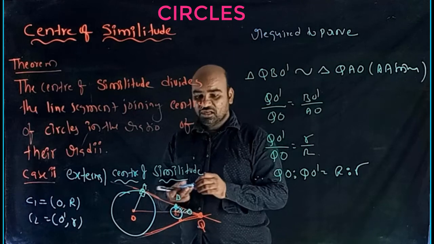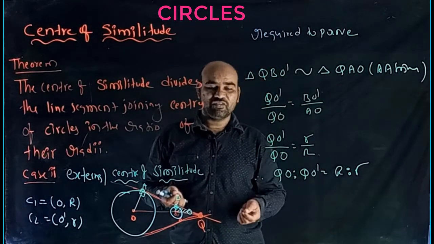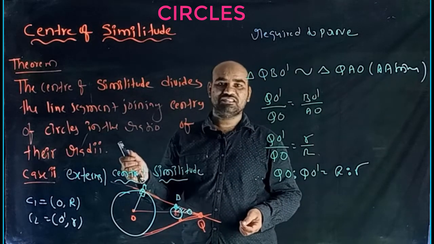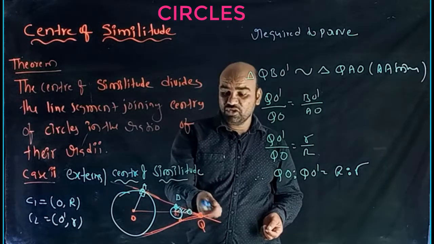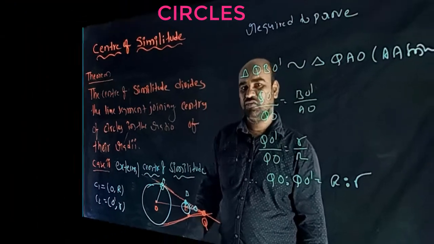This means the external center of similitude also divides the line segment joining the centers in the ratio of their radii, but here it is external division. In the previous case it was internal division. Here Q divides OO dash externally in the ratio of their radii, capital R is to small r.